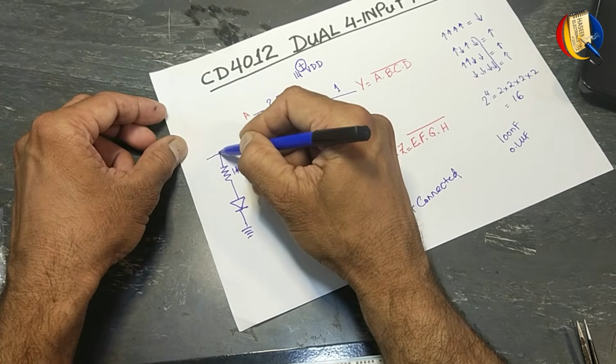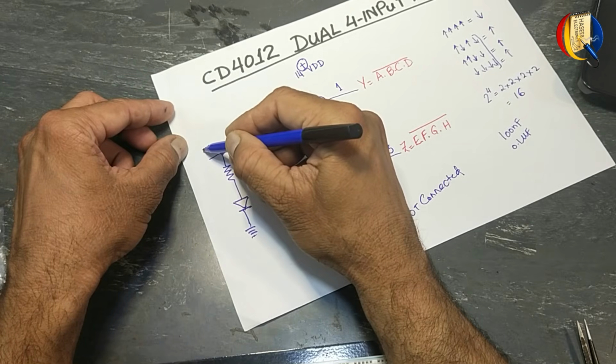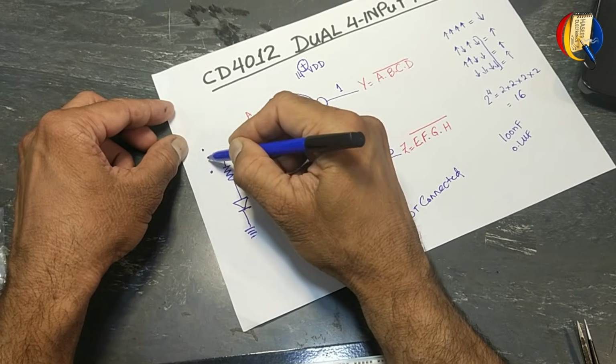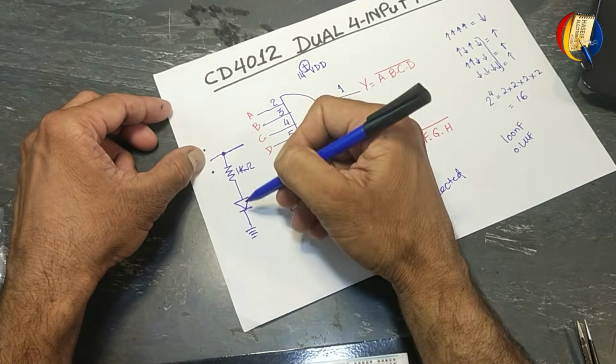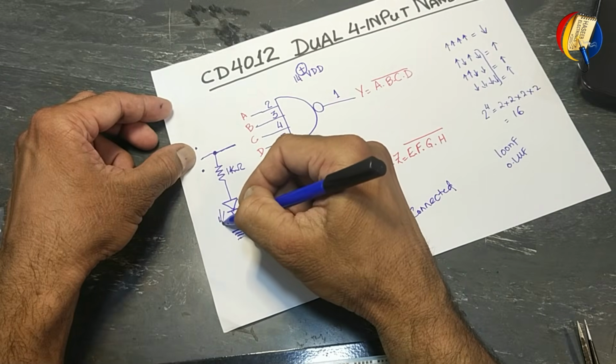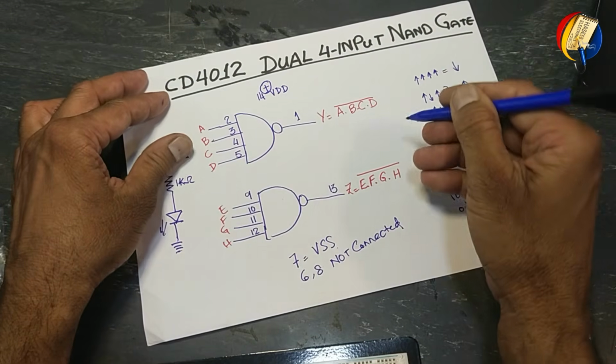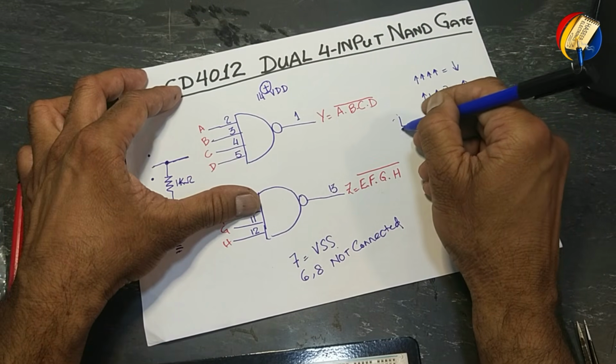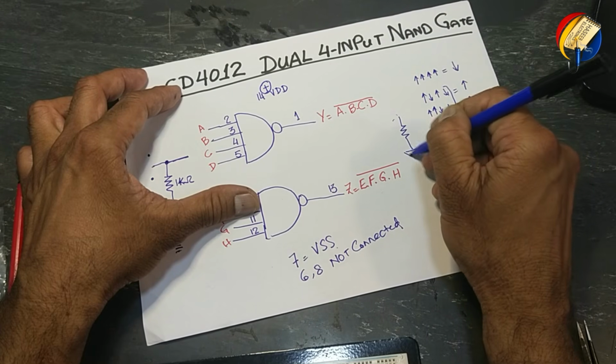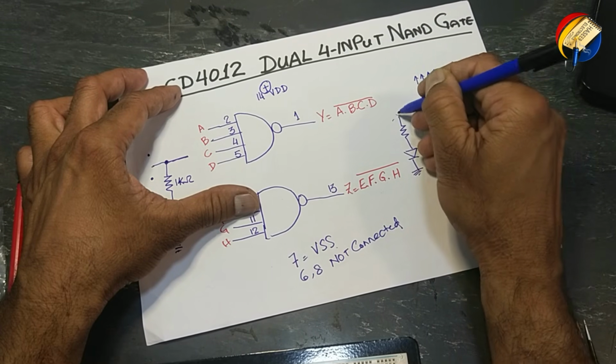And here we will swap supply line or return path. It will indicate the input condition. Same at output, we will connect one resistor, one LED, ground.